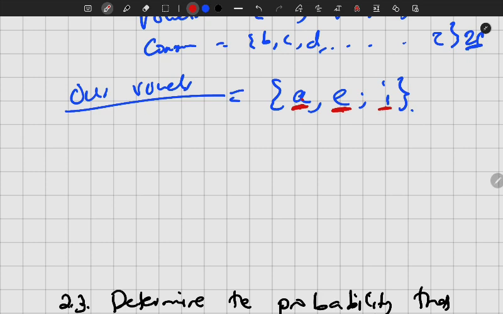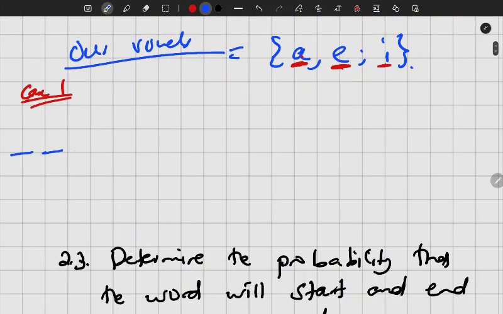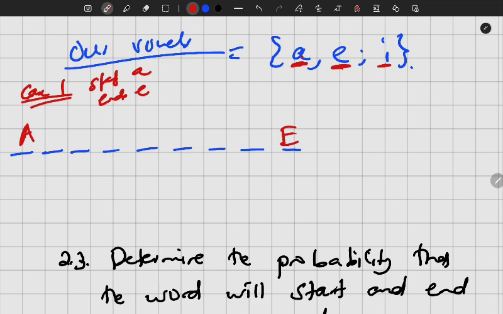Okay, so let's say case 1. How many slots do we have? We have 9 slots, right? So 1, 2, 3, 4, 5, 6, 7, 8, 9. So it must start and end with, so we're saying here, starts with A and then ends with E. So we've got A here, and then we have E here.